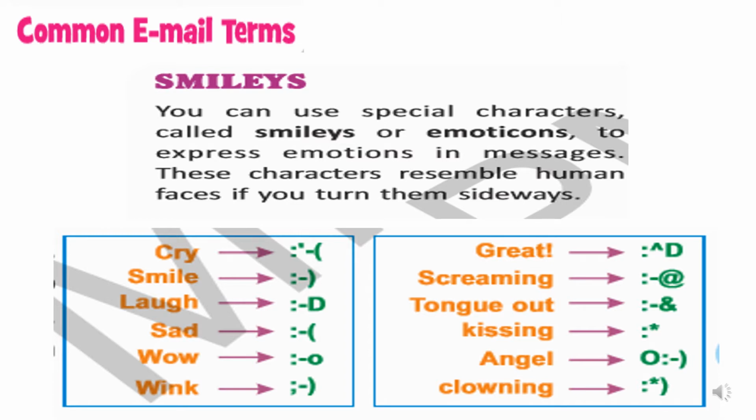That is how we can create cry, smile, laugh, sad, wow, wink, great, screaming, tongue out, kissing, angel, cloning. These emoticons can be created by the combination of the characters which are given in front of these emotions.